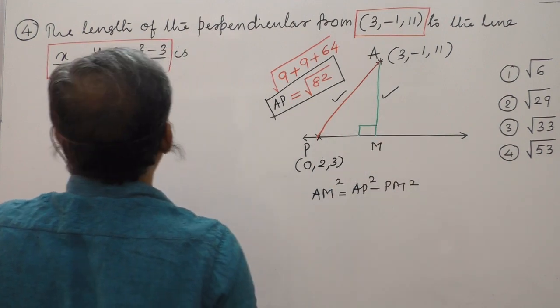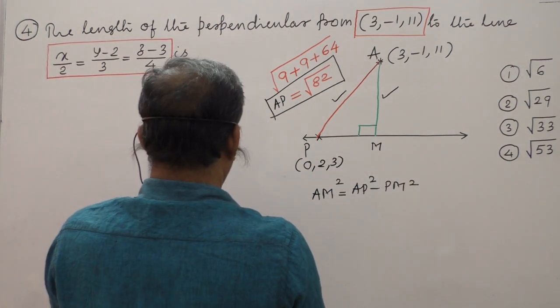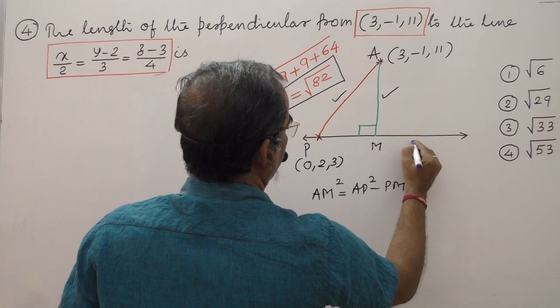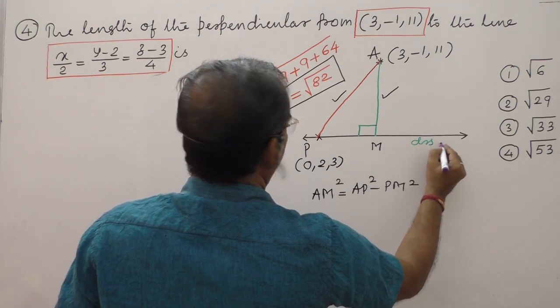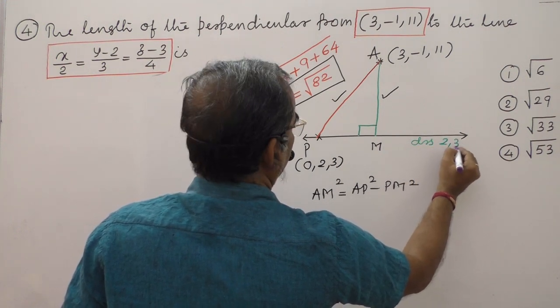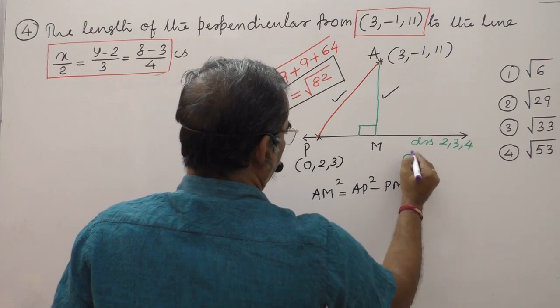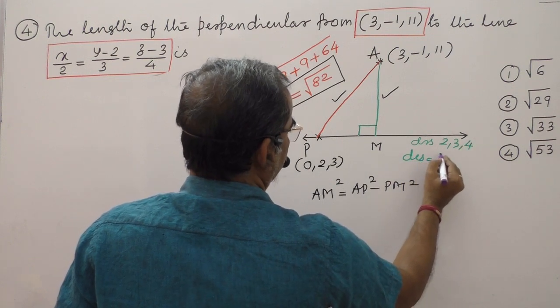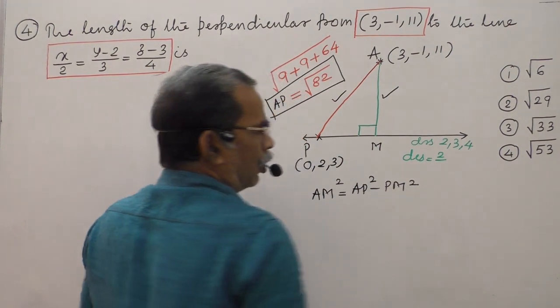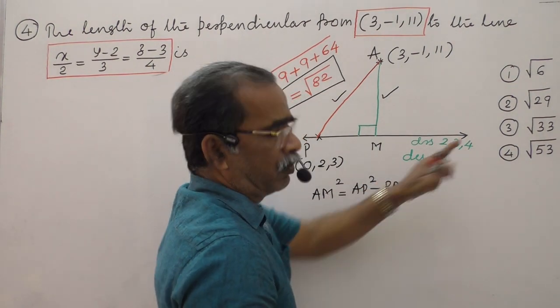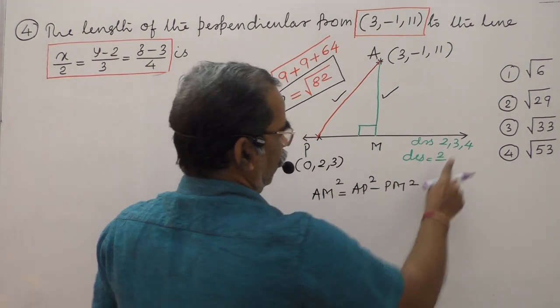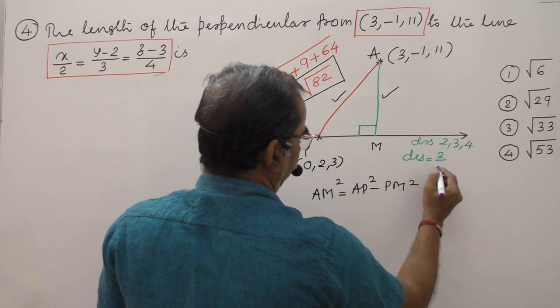So to calculate this, from the equation of the line, what are the DRs of the line? DRs of the line 2 comma 3 comma 4. So what about their DCs? DCs will be 2 by root over a square plus b square plus c square, root over 4 plus 9 plus 16, 29.